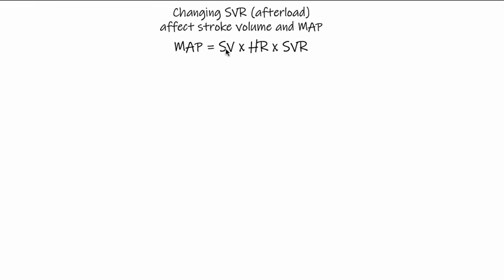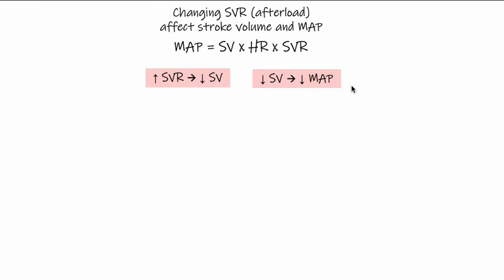But then I also explained how SVR can affect stroke volume. So I want to talk about that here. So we said that if we increase systemic vascular resistance, that would lead to a decrease in stroke volume. Well, if we look at our formula and we said a decrease in stroke volume then would cause a decrease in mean arterial pressure.